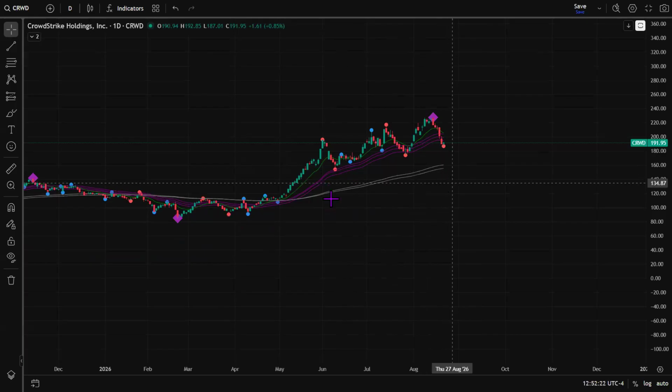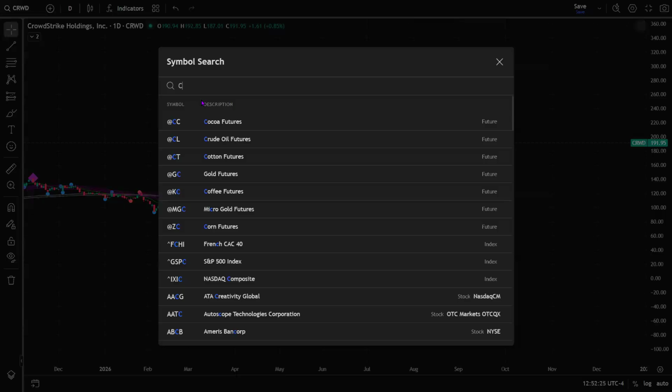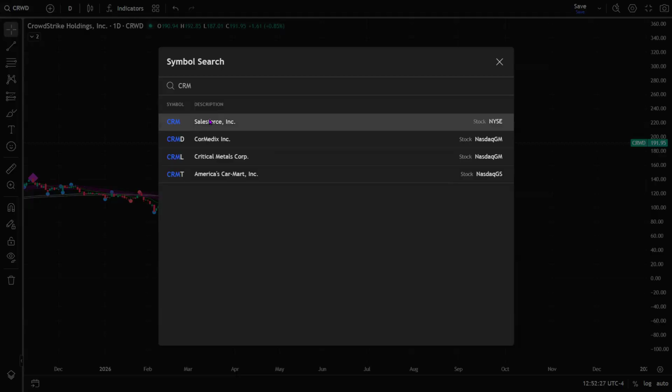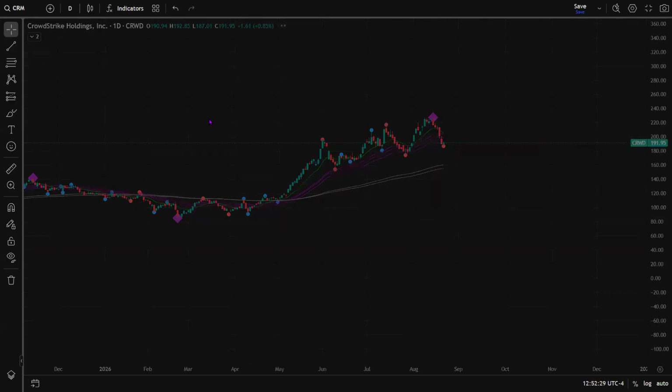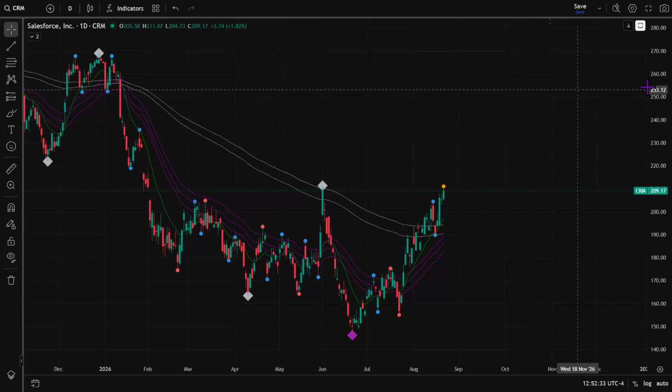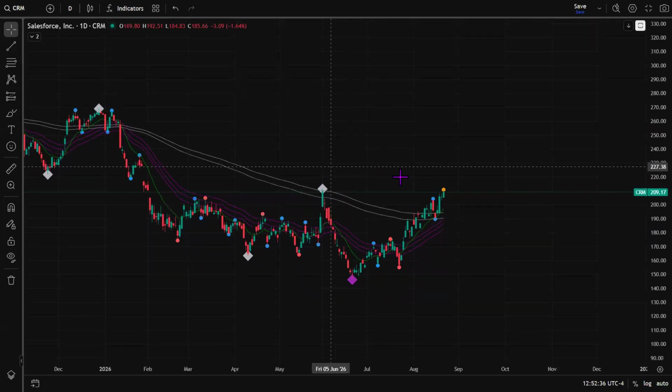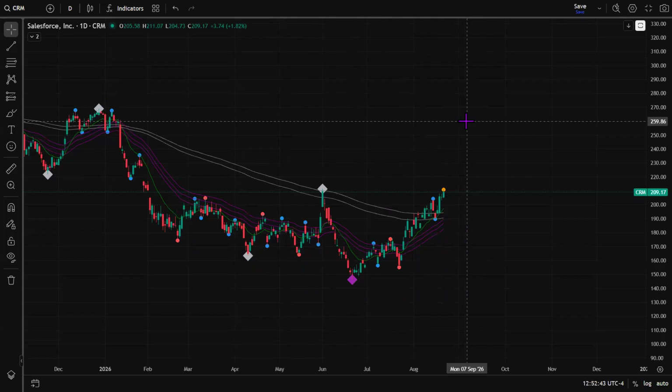Looking at Salesforce, CRM, these are just scenarios. And if you do trade some of these stocks, then you would do this analysis and you would draw your levels and you would understand. So this has been in a downtrend on the daily chart, and we're still in a downtrend. We haven't yet taken out this high, but once the wave starts to go above the tunnel, then we're in an uptrend.